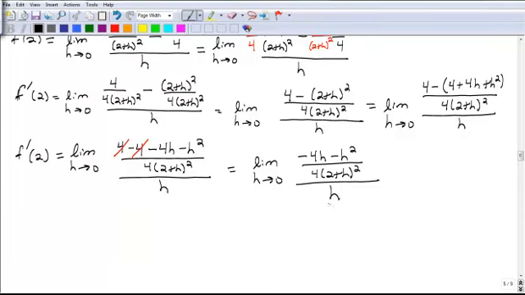I can write this h on the bottom as a fraction. And dividing two fractions is like multiplying by the reciprocal of the denominator. So this is negative 4h minus h squared over 4 times 2 plus h squared times the reciprocal of h over 1, which is 1 over h. You'll notice that this should be minus 4h here. I had a mistype. It should be minus 4h.